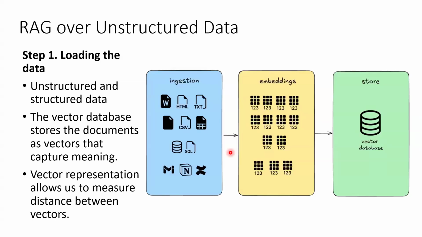Okay, so let's talk about RAG over unstructured data. You can build RAG over structured data as well as unstructured data. But whenever we talk about RAG, 80% or 90% of the time, we are talking about unstructured data. That is the data which is lying in Word documents, HTML files, or text files, right? And the data which is there in the database is structured data.